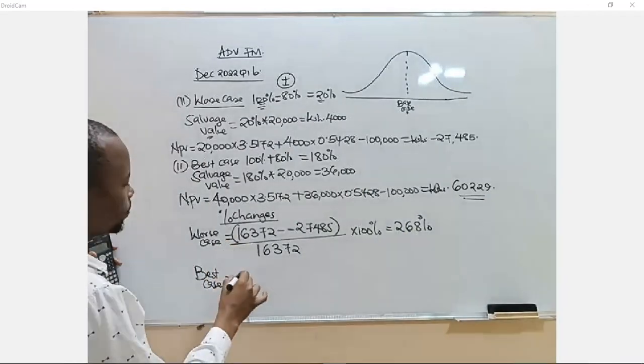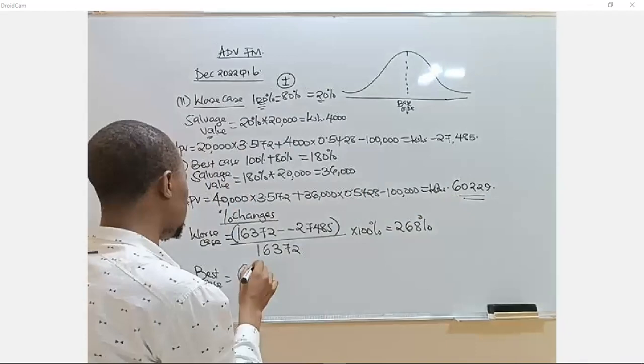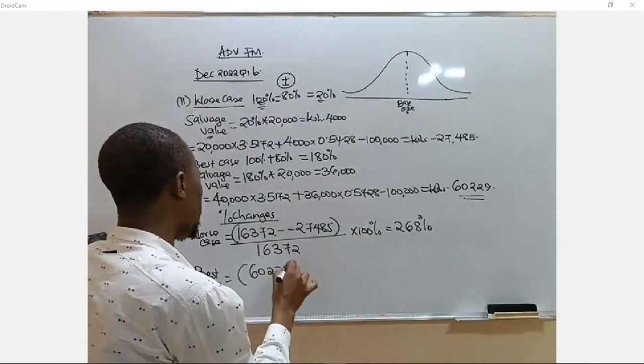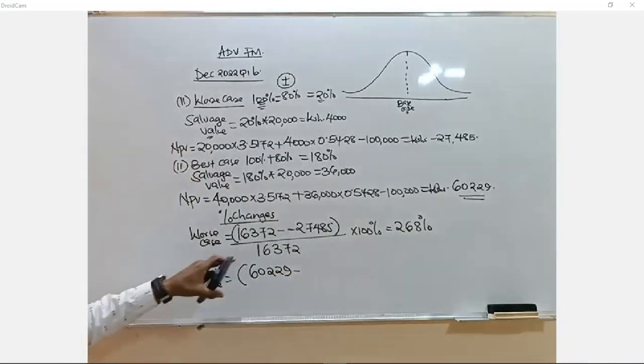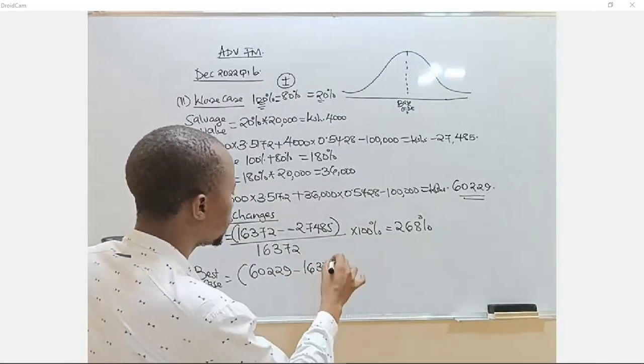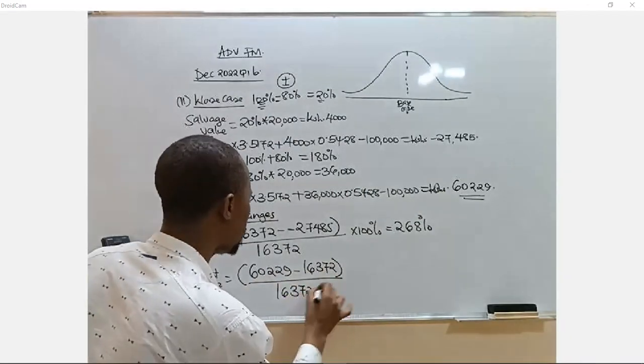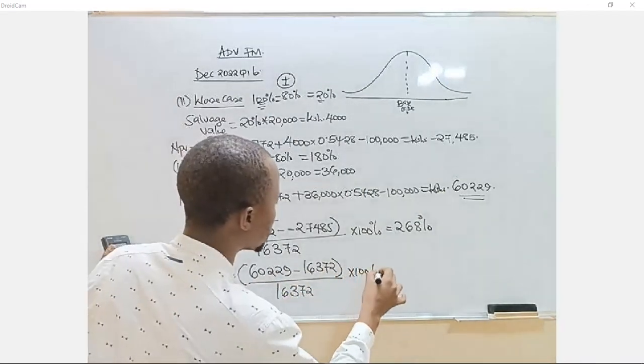Then we look on the base case. The base case will be, right? Ni kama tunachukua the highest, which will be 60,229 minus the NPV of the base case, 16,372, right? You divide by 16,372, then you multiply by 100%.